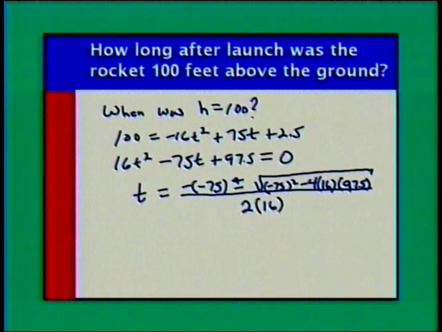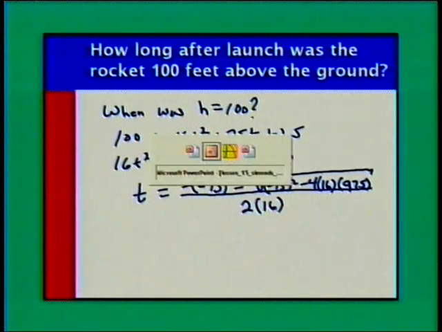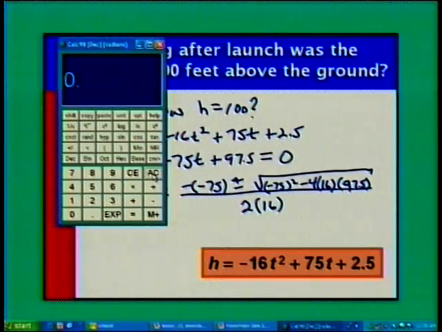Again, the first thing I'm going to check is the number under the radical sign. We call that the radicand, and when we're working with a quadratic equation, we call that number the discriminant. So, let's take the square of negative 75, which is the same as 75 squared, and let's subtract 4 times 16 times 97.5. Uh-oh, we got ourselves a negative number.